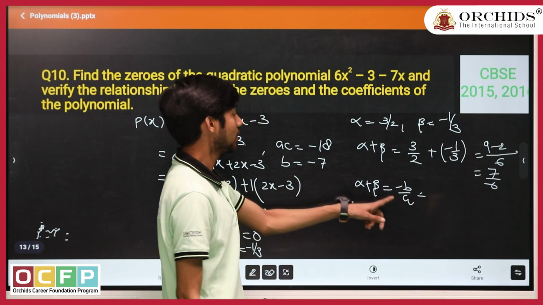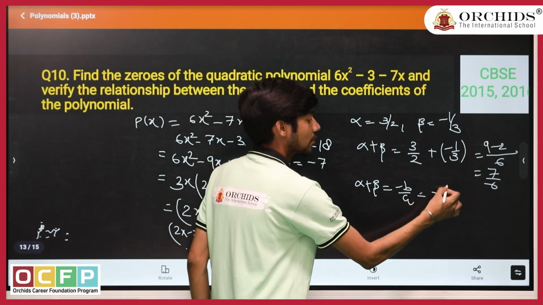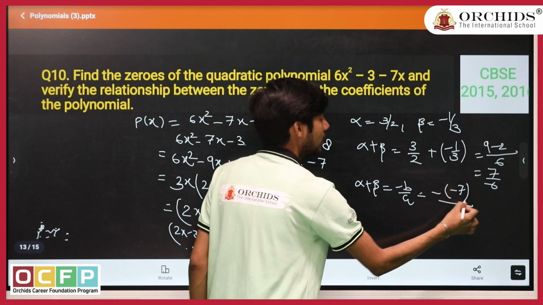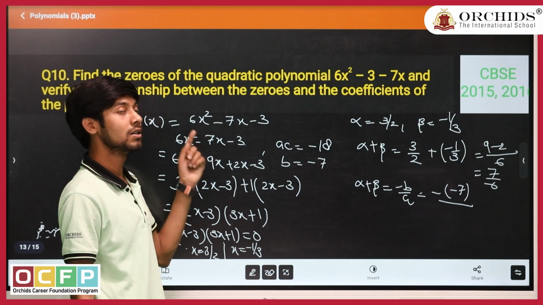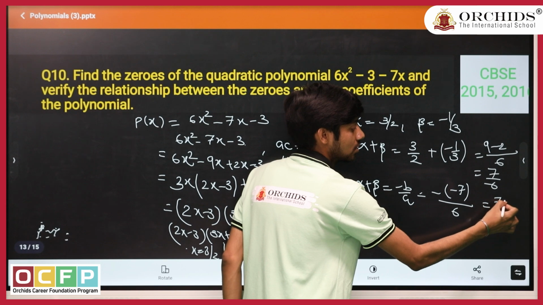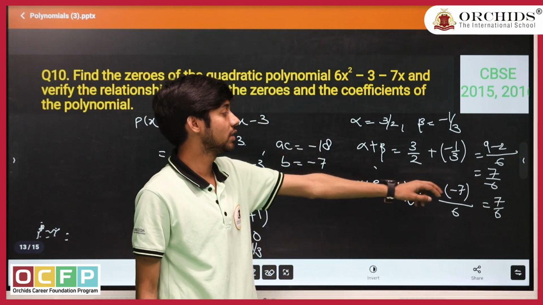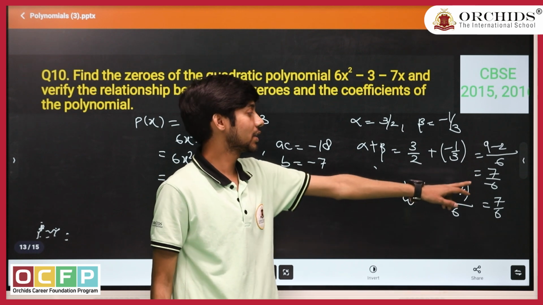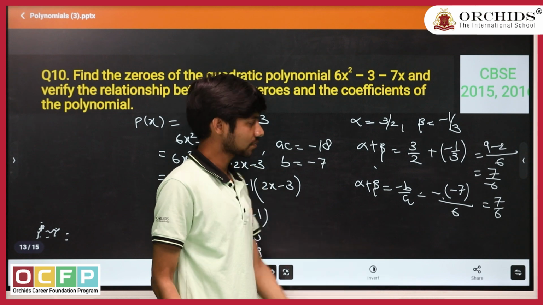And what is b here? We can see b is minus 7, so minus 7 divided by the coefficient of x square, that is a, 6. Minus minus is plus, so we are getting plus 7 by 6. So we can see that the sum of zeros that we got is 7 by 6, and with the relation also we are getting 7 by 6.